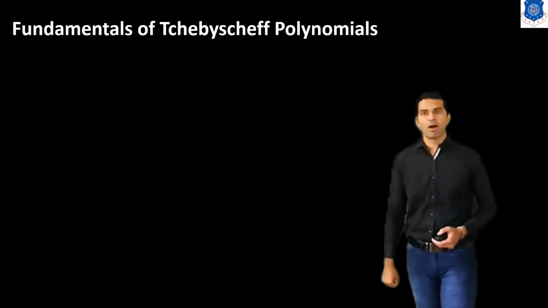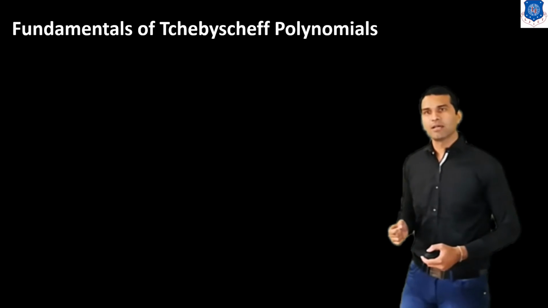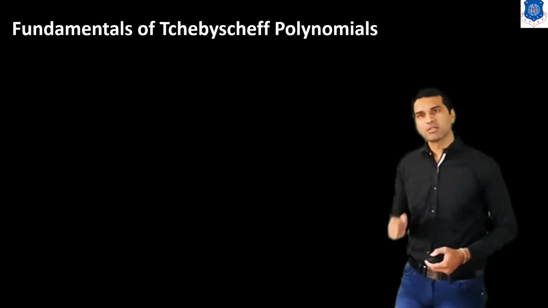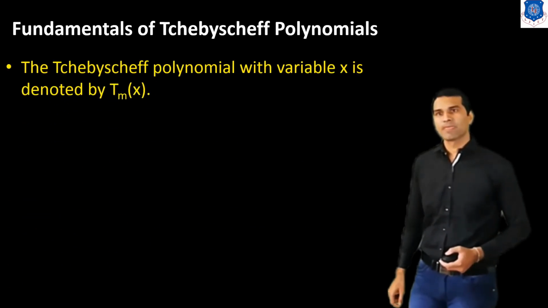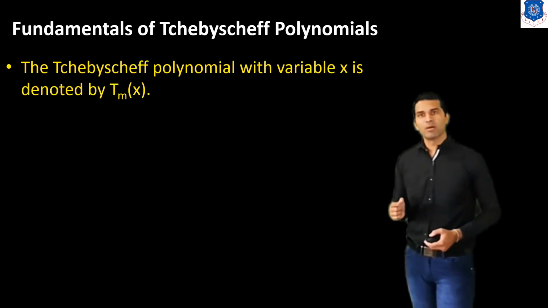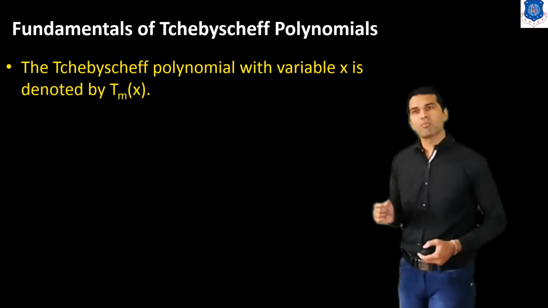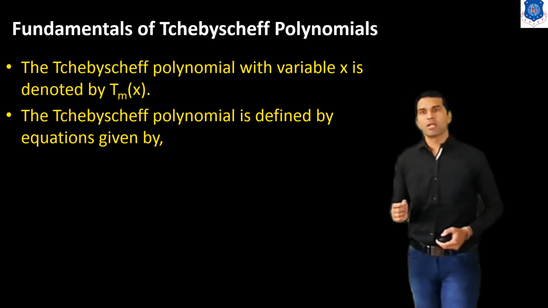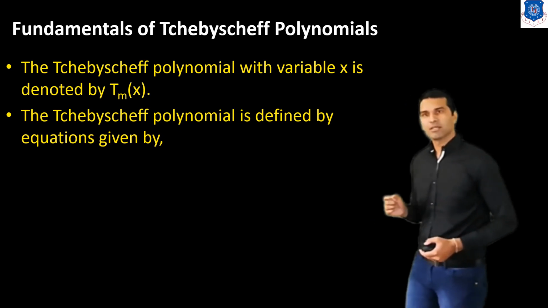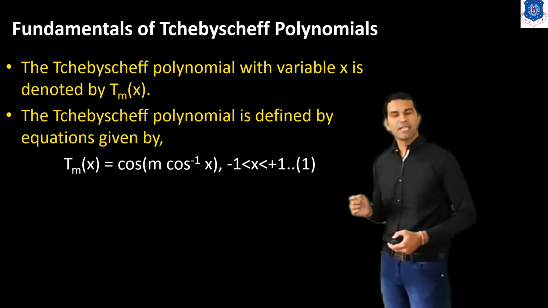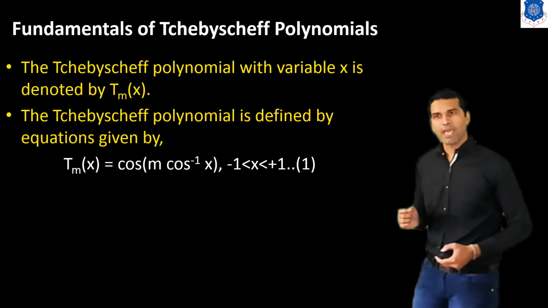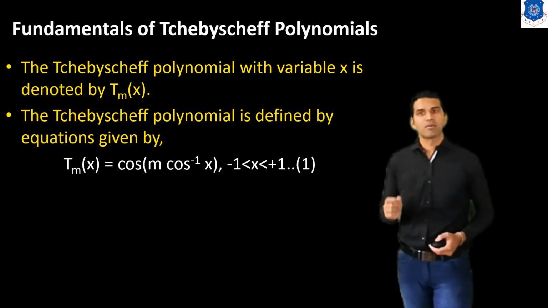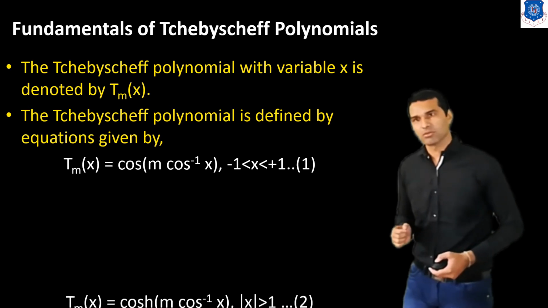Now we discuss the second topic, the fundamentals of the Chebyshev polynomial. The Chebyshev polynomial with variable x is denoted by Tm(x). It is defined by the equation Tm(x) equals cos(m cos inverse x) for the range minus 1 less than or equal to x less than or equal to plus 1.